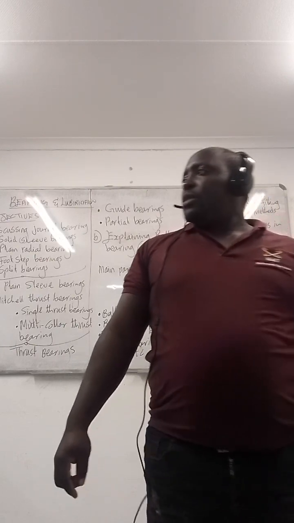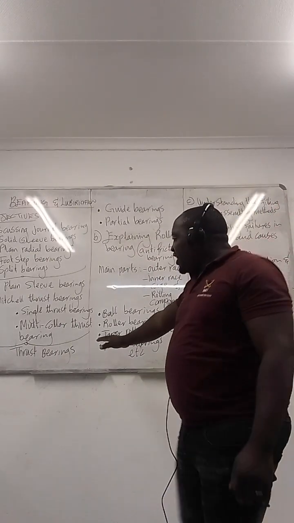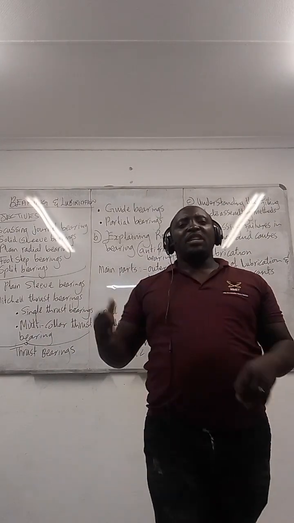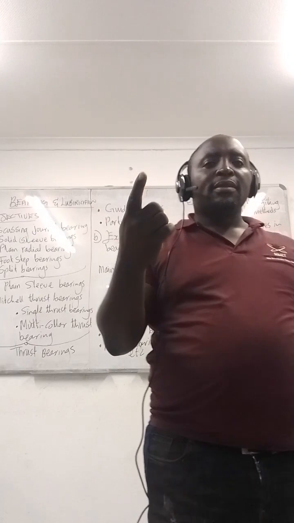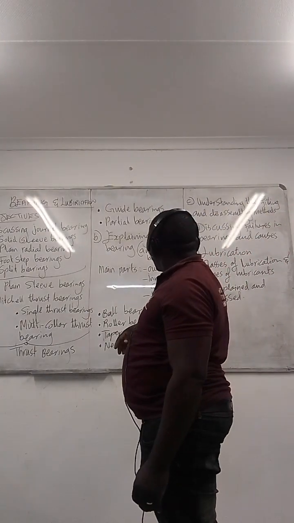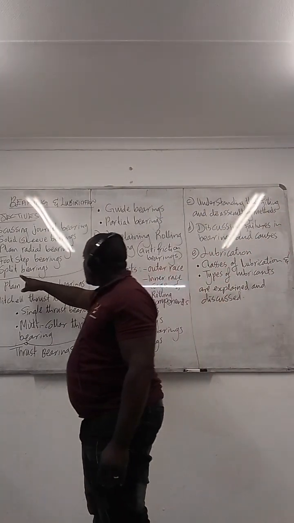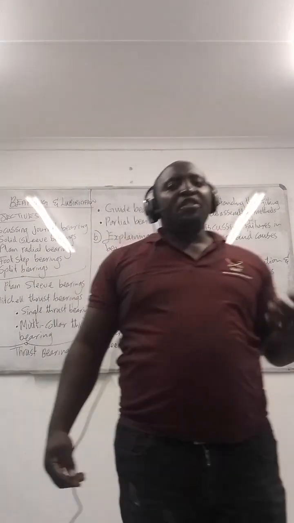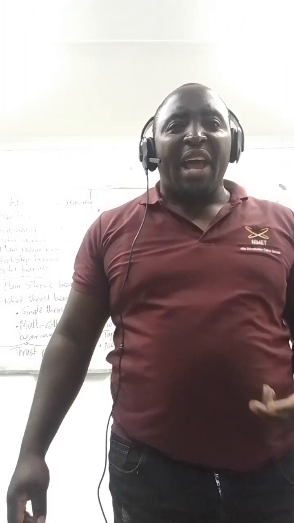Okay. So on the thrust bearings, some of the bearings just use a single collar. Some bearings use multi-collars. Even this one, the footstep bearing, though they have put it on the plain bearing, it is a thrust bearing.